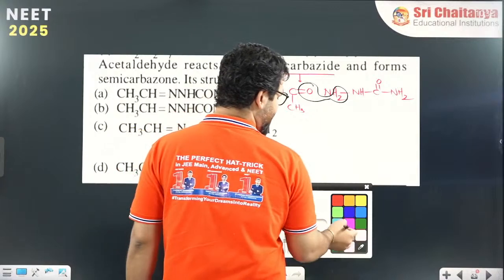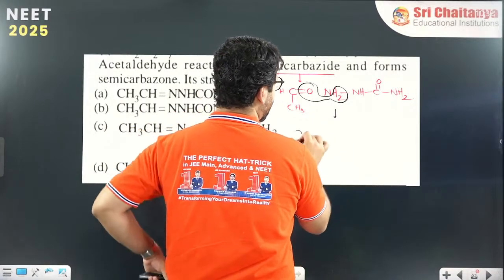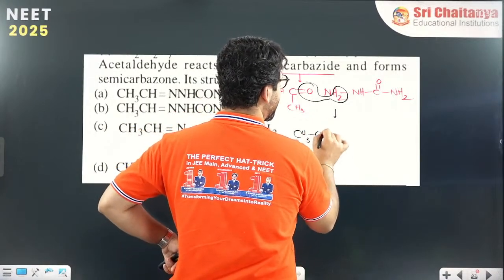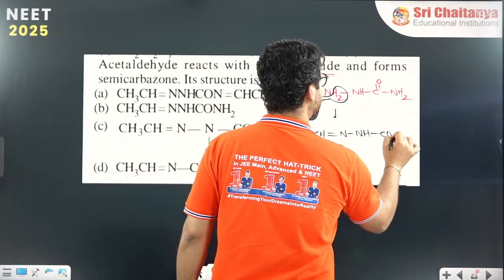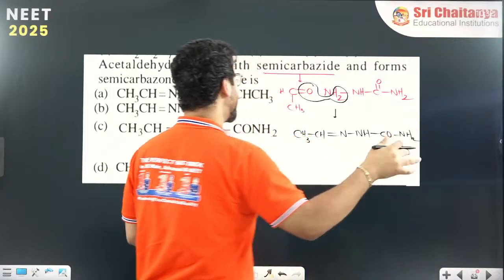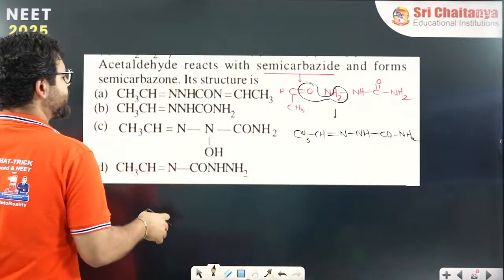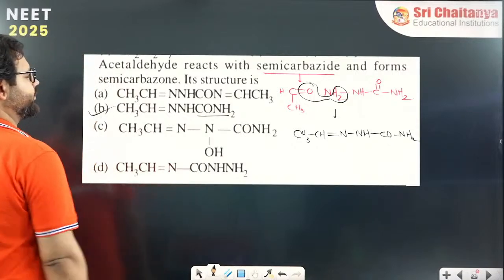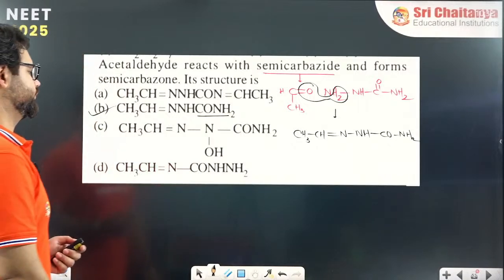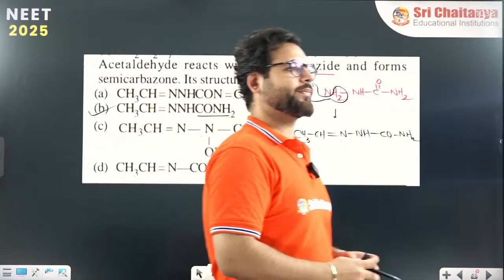So you will get semicarbazone as the product, which is going to look like this: CH3, CH double bond N, NH, CO, then NH2. So CONH2 should be free at the end. CONH2 should be free at the end. B option. Okay.